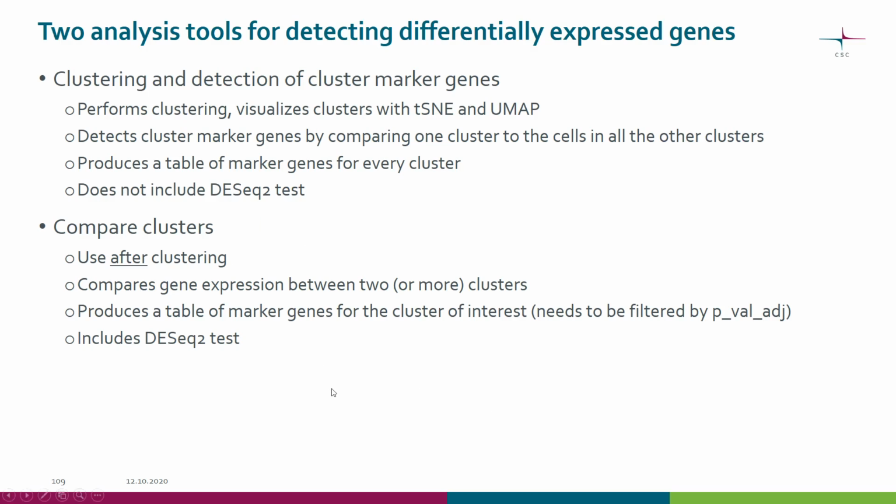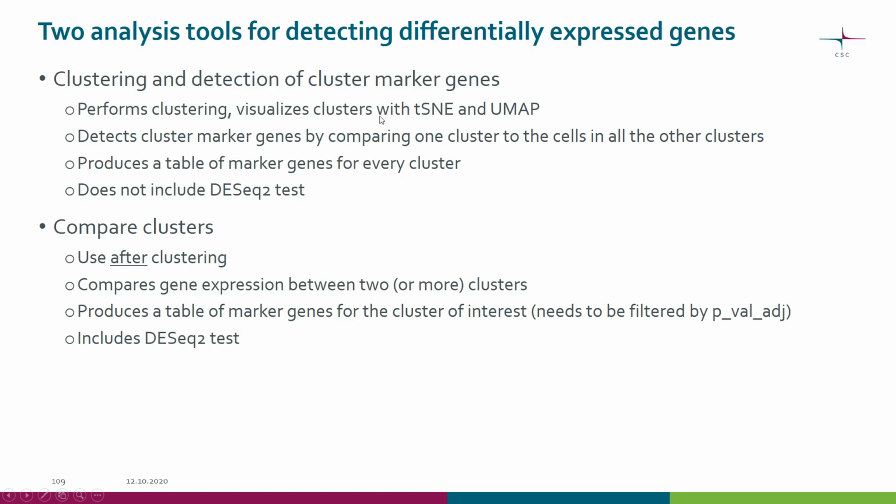It is important to realize that there are actually 2 analysis tools in Chipster which can detect differentially expressed genes between clusters. So there is the one that I just showed you, which is called clustering and detection of cluster marker genes. So this tool does a lot of things. First, it performs the actual clustering.